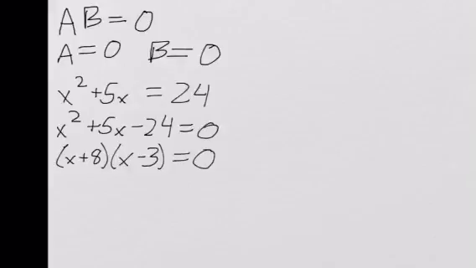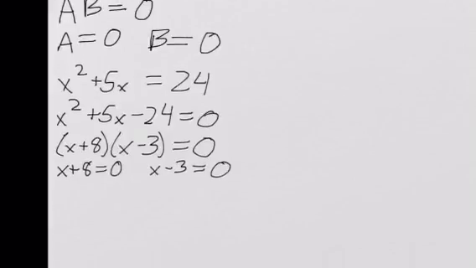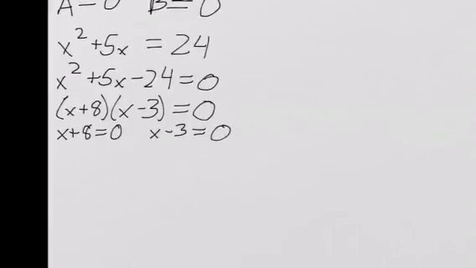And then we can set each of those factors equal to 0. And I end up getting x equals negative 8, or x equals 3. So that's the zero factor property.